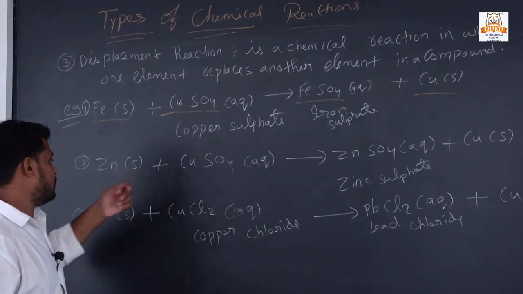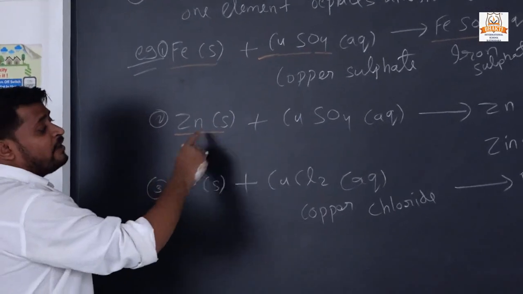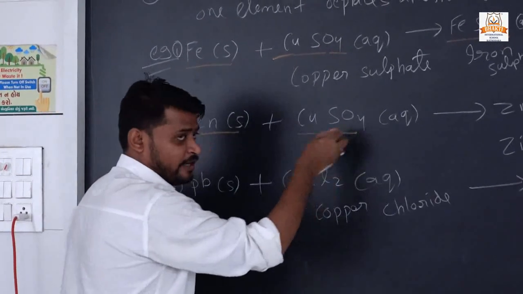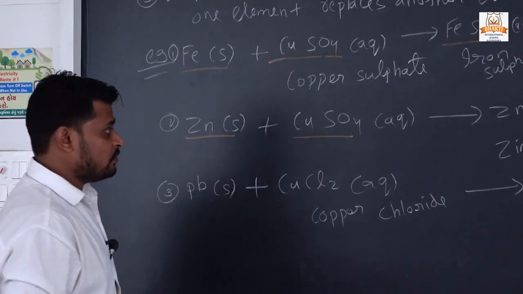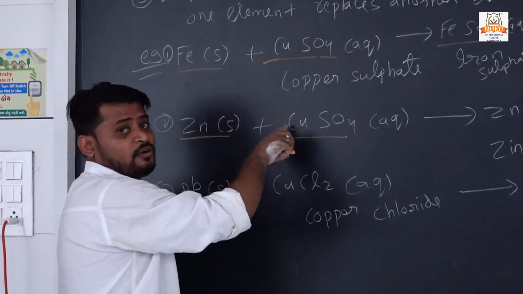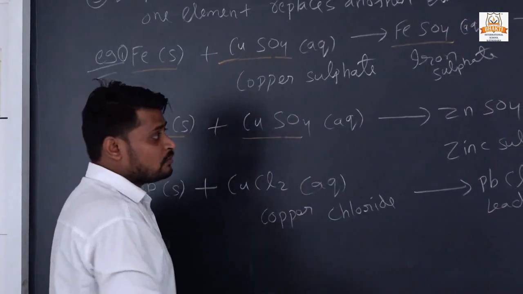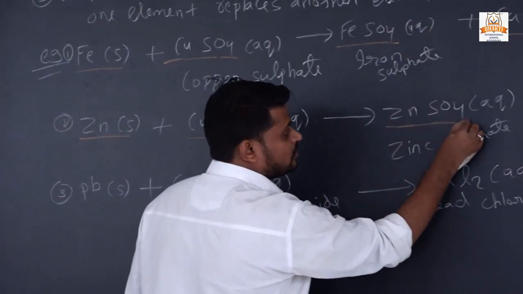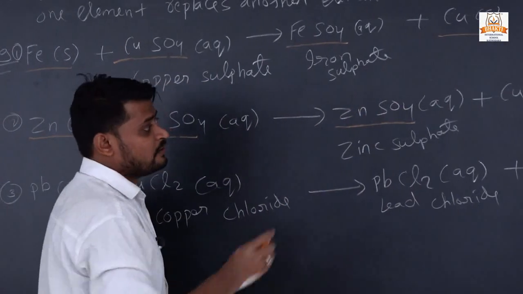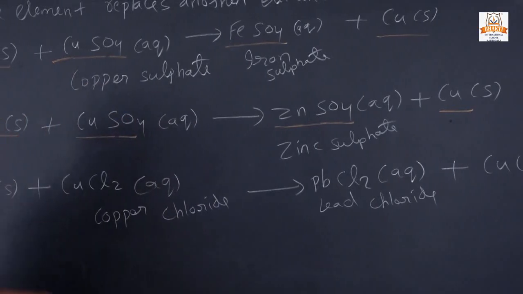See another example. Here I will take zinc. Zinc will react with copper sulfate. Again we take copper sulfate. Here also zinc replaces copper, and copper will be separated from its compound. What product will we get? Zinc sulfate, and copper will be separated.